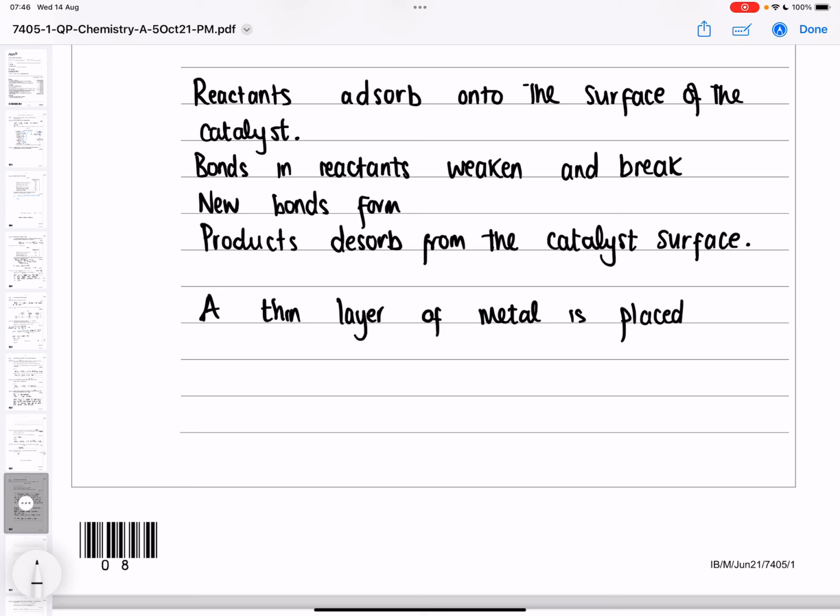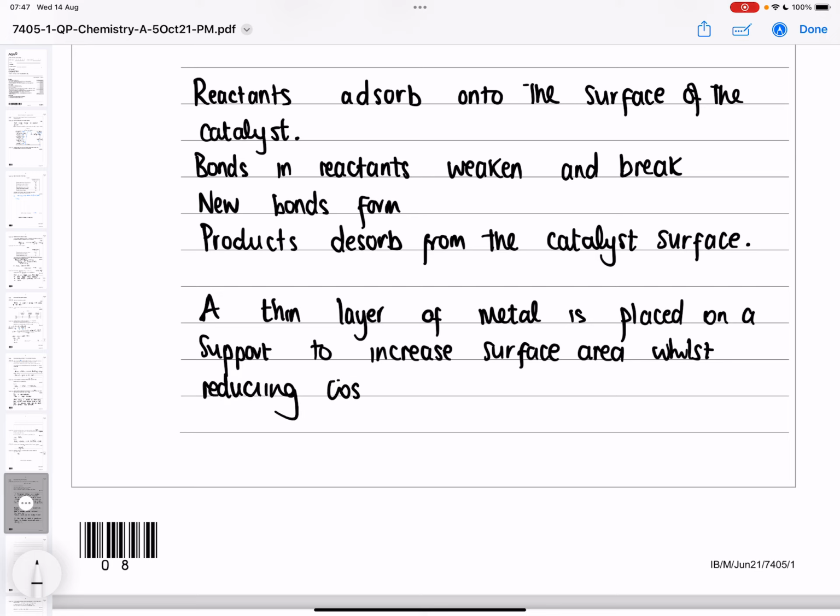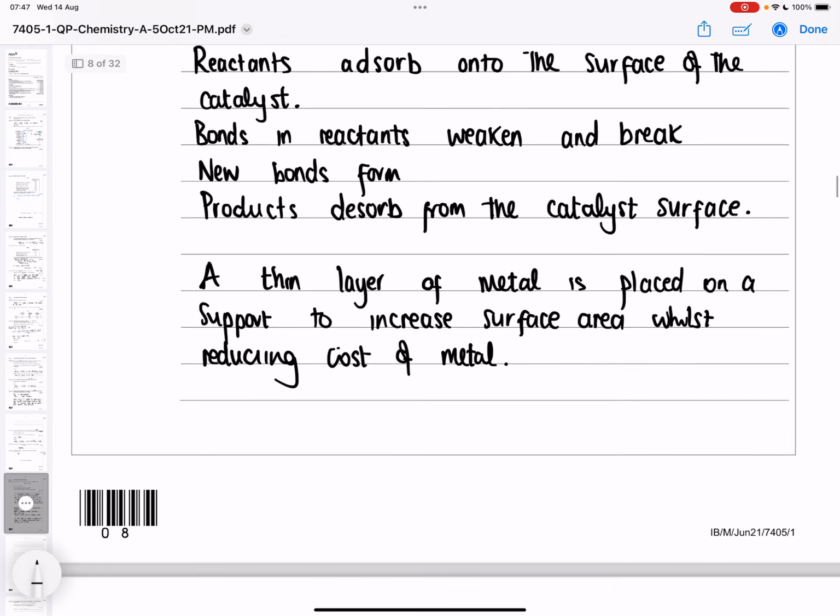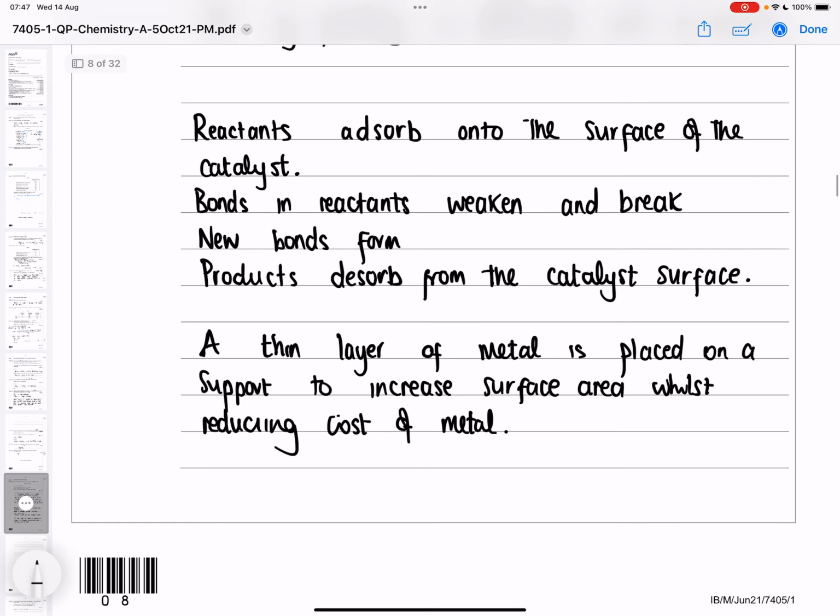So a thin layer of metal is placed on a support to increase the surface area whilst reducing cost of expensive metal. So that's how we could improve its efficiency.